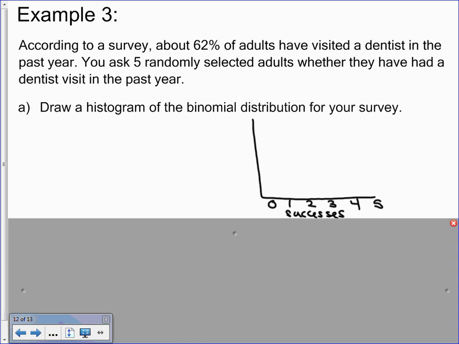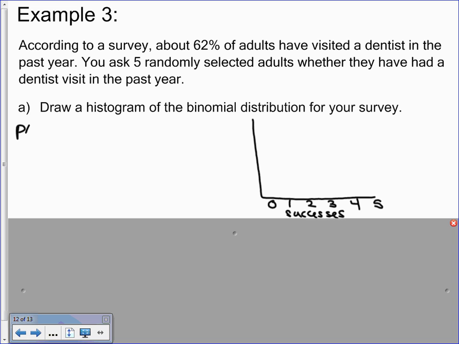Now, to get the heights of your bars, you need to calculate the probabilities of each of those successes, which means we have to run this binomial probability 6 times. We have to do it for 0, for 1, for 2, for 3, for 4, for 5 successes.